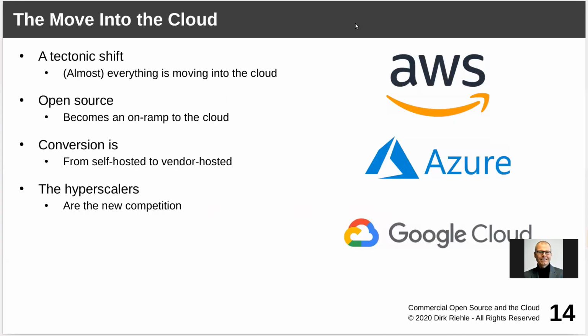As everything's moving into the cloud, you find AWS, Azure, Google Cloud, hyperscalers who are really adept at providing and operating software at scale, cheaply, effectively, securely. That's a lot of capabilities you need to have.